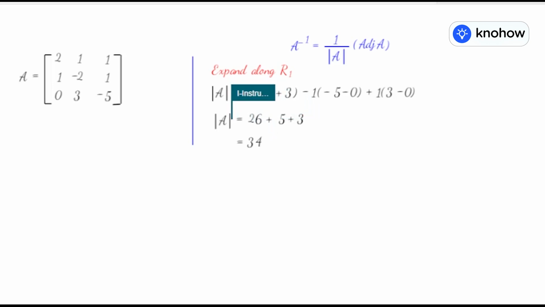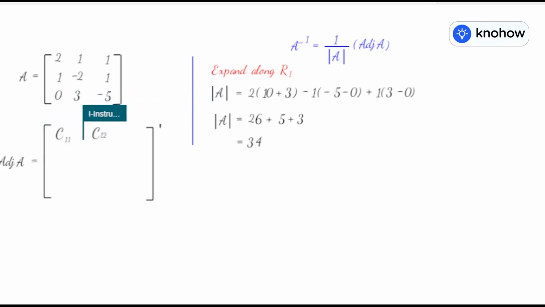And now let us work out the value of adjoint A. Adjoint A is the transpose of the cofactor matrix. Let me write C11, C12, C13, C21, C22, C23, C31, C32, C33. How do you work it out? Delete the row and column through A11, and with the proper sign you write the value of the remaining determinant.